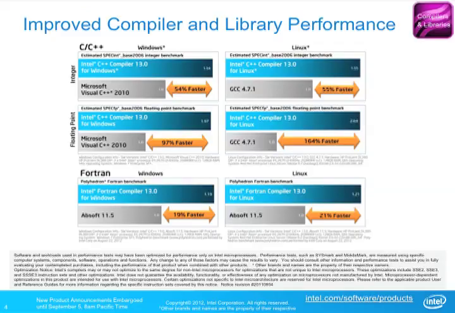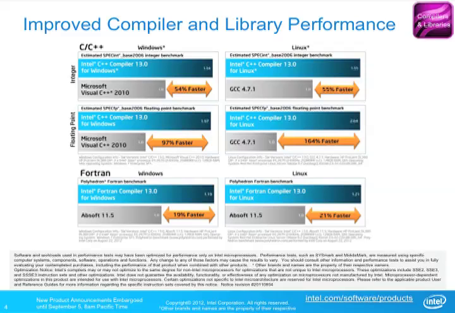I've got some benchmarks here. I'm showing SPEC int and SPEC FP, both of them the base numbers, and Polyhedron, both on Windows and Linux, comparing them to some of the common offerings out there, the leaders in the field at offering products that people use.